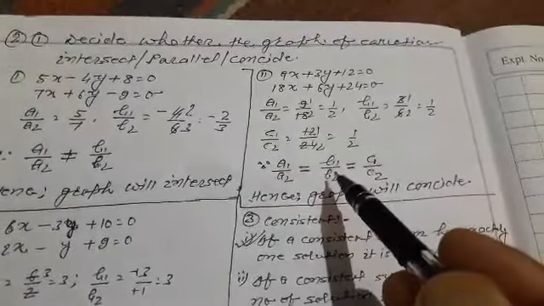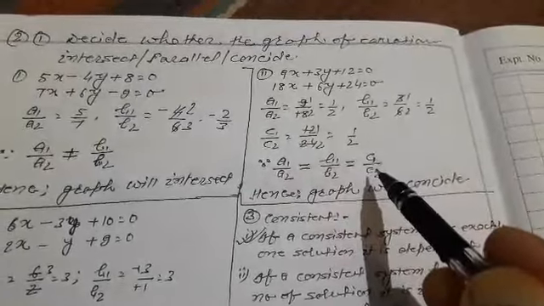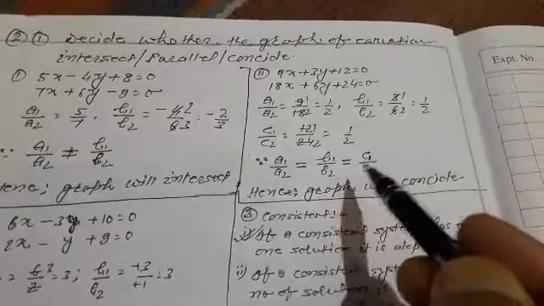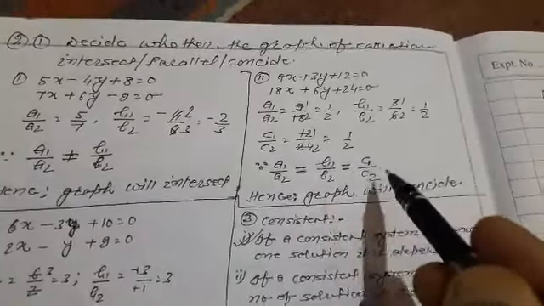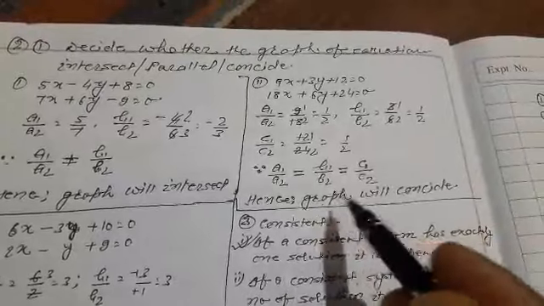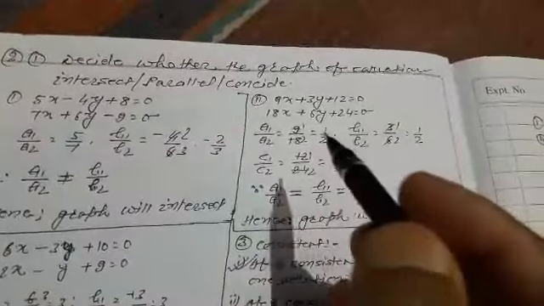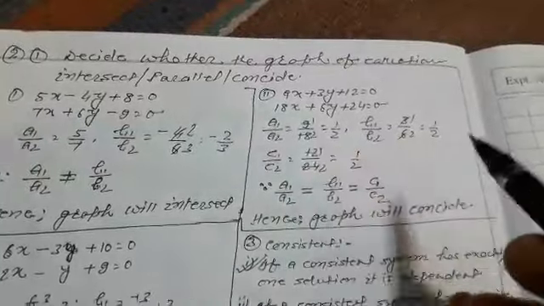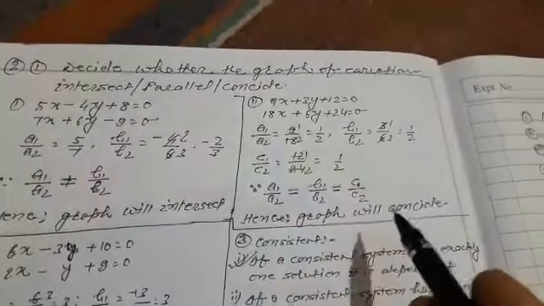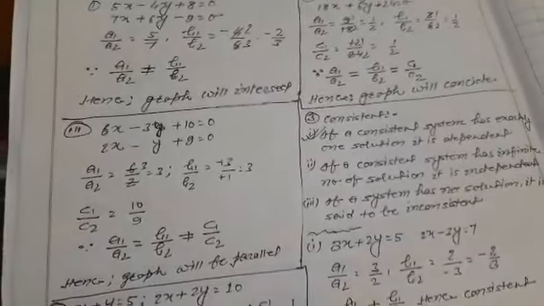So a1 by a2 equal to b1 by b2 equal to c1 by c2, and we know that this is the condition that the graph will coincide. Hence we conclude that the graph will coincide. Means if we try to draw the graph of these equations, then we find that both the graph lines will coincide with each other, means the equations have an infinite number of solutions.